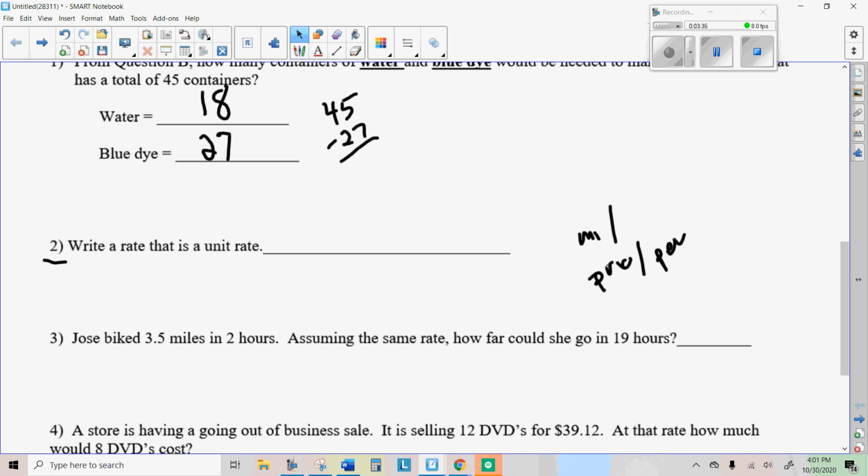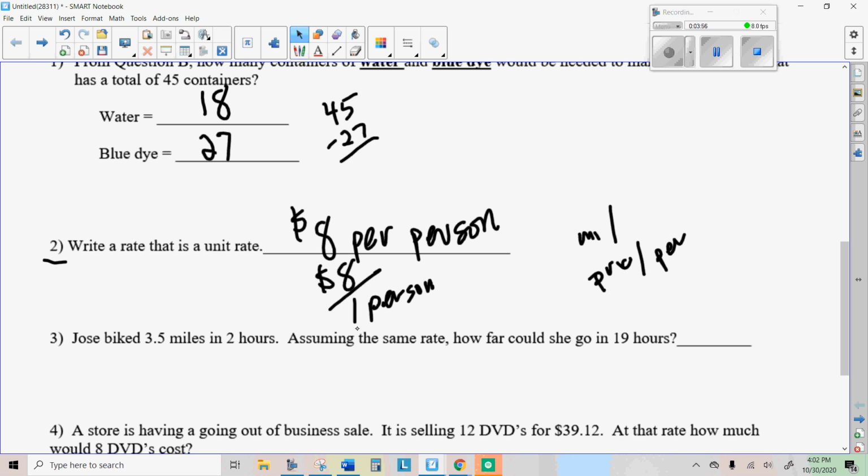So a unit rate would be like you go to the movie theater and tickets cost $8 per person. You could also write that $8 over one person. So part of the ratio has to be out of 1.